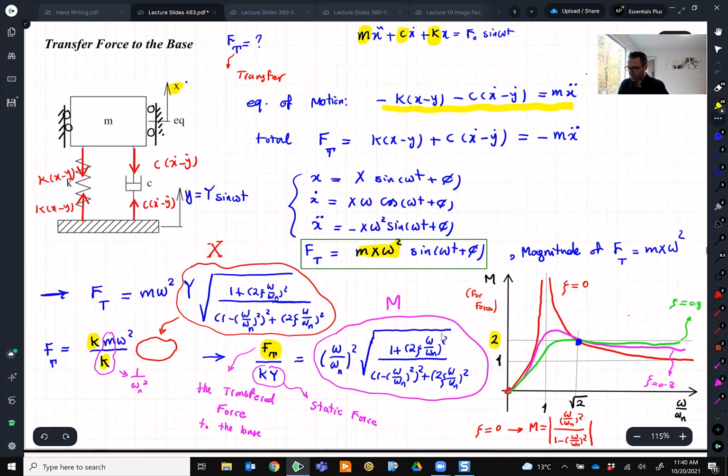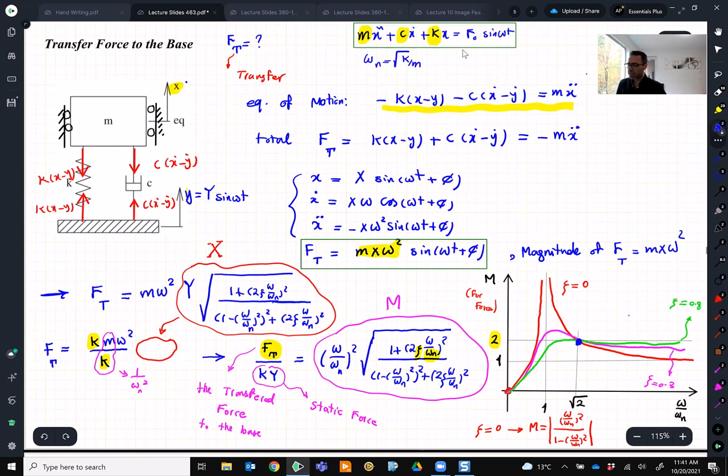What changes is this omega n and this zeta, because they depend on K and M. As Alberto asked, when you have a different system, you need to find out what is M, what is C, what is K, and based on those numbers, you can find omega n, which is the square root of K over M.